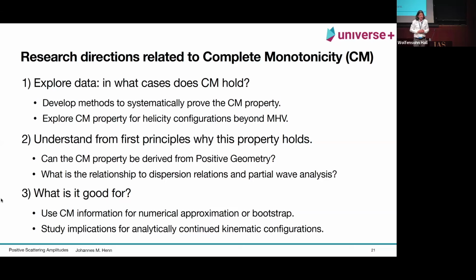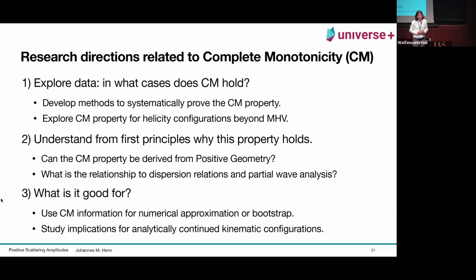But there are also more cases to look at. In particular, there's also evidence for positivity for non-MHV configurations, and we haven't explored those yet. There are also Wilson loops with Lagrangian insertions at higher number of points, and maybe you have your favorite object that you'd like to look at.